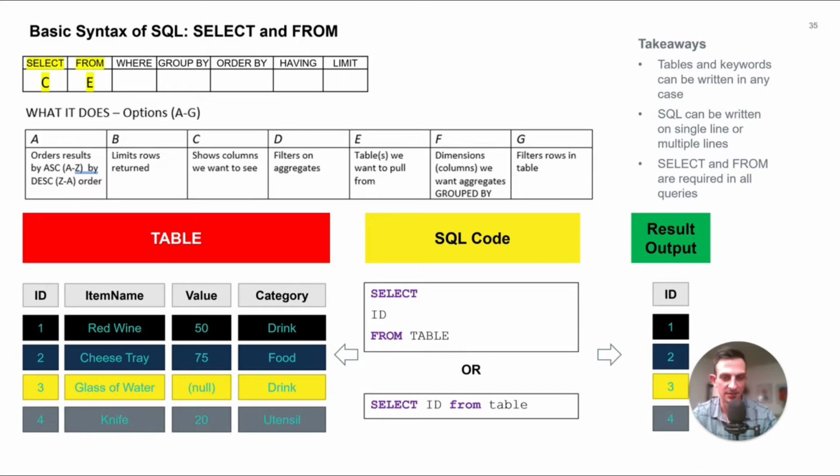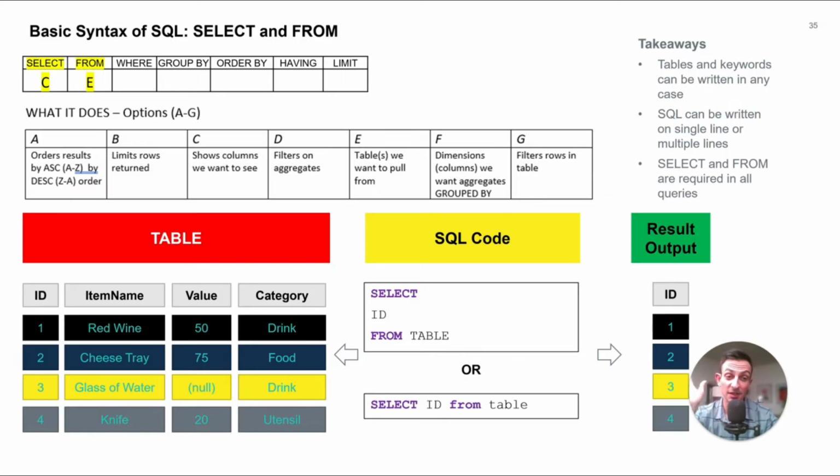What you'll notice about SQL is that it can be written on one line or more than one line. It actually doesn't matter. It is line agnostic. What you'll generally see is SQL is stacked on top of each other, like the first example here, the select ID from table, versus just written on one line.